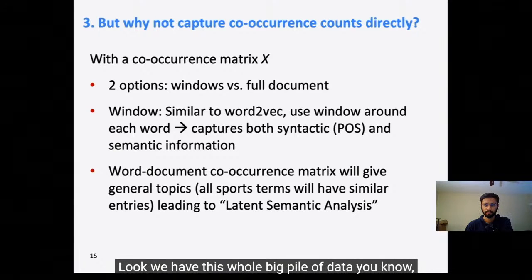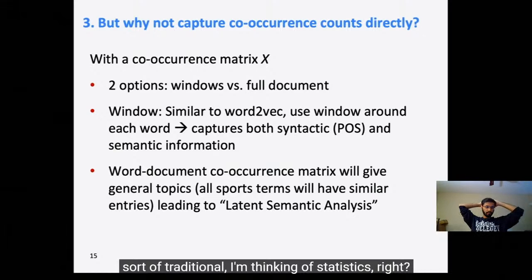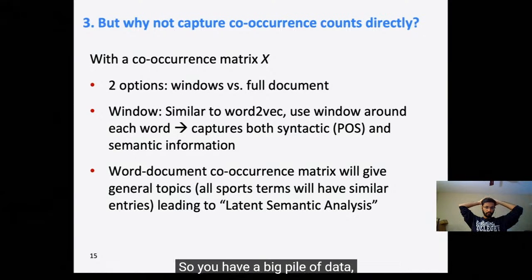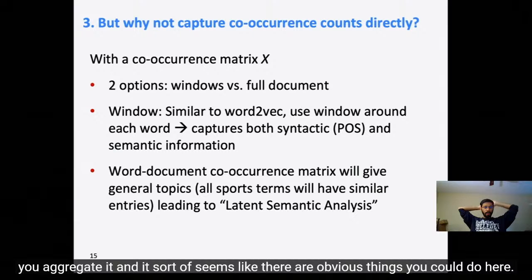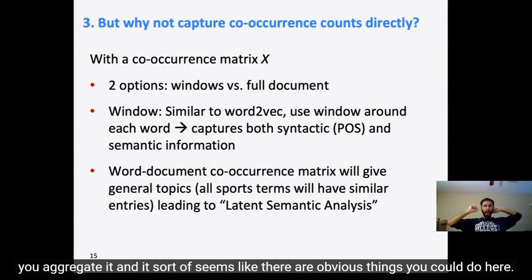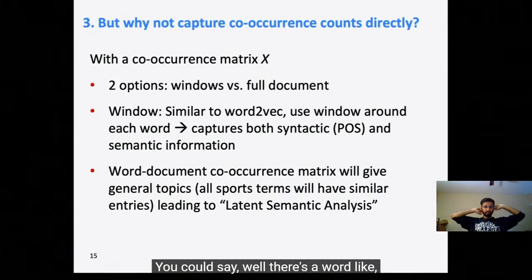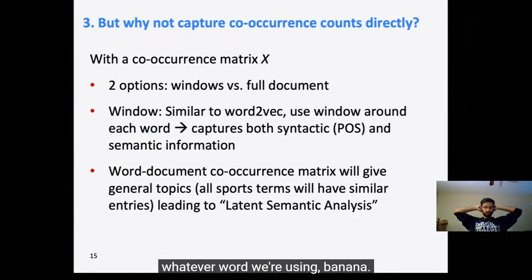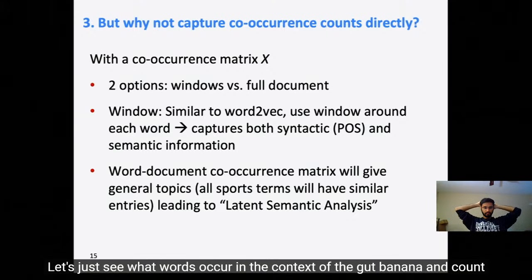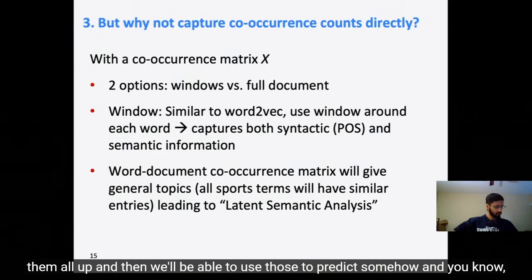Look, we have this whole big pile of data. The traditional thinking of statistics is you have a big pile of data, you aggregate it, and there are obvious things you could do here. You could say, well, take a word like banana. Let's just see what words occur in the context of banana and count them all up, and then we'll be able to use those to predict somehow.